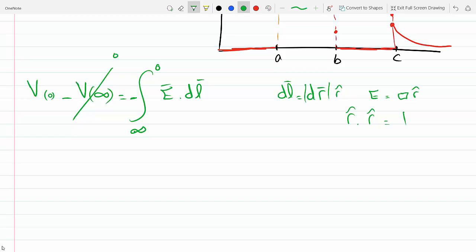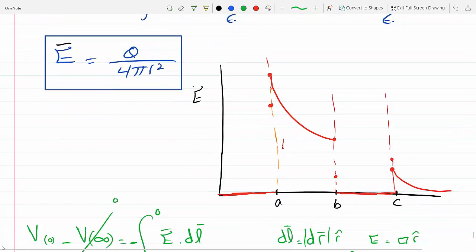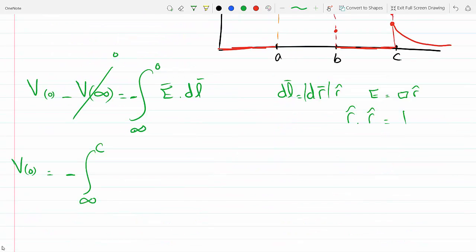Okay, so with that said, since we have different electric fields, we can separate the integral, so it will be minus, from infinity down to C, and we take the electric field there. The electric field greater than C was Q over 4 pi R squared.